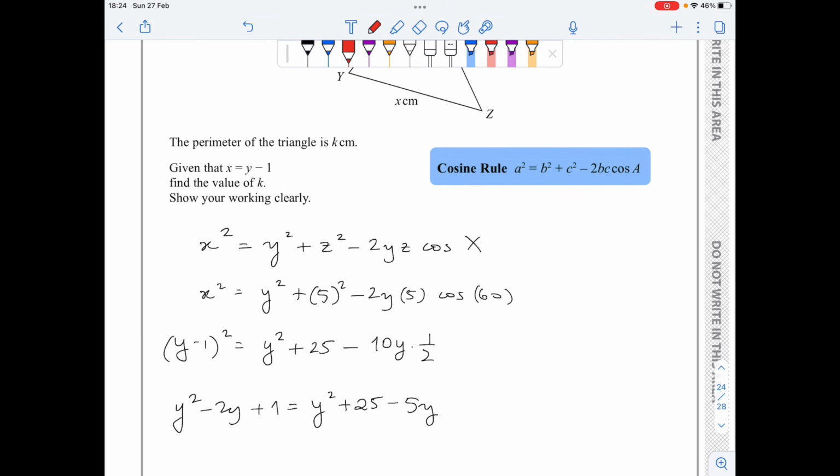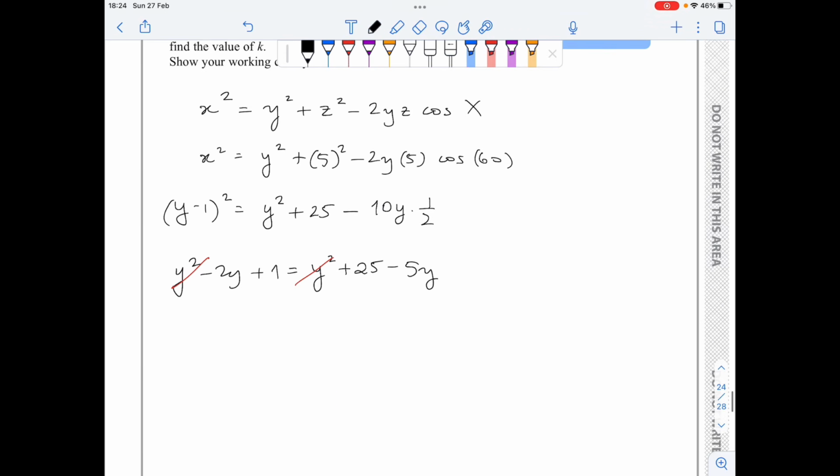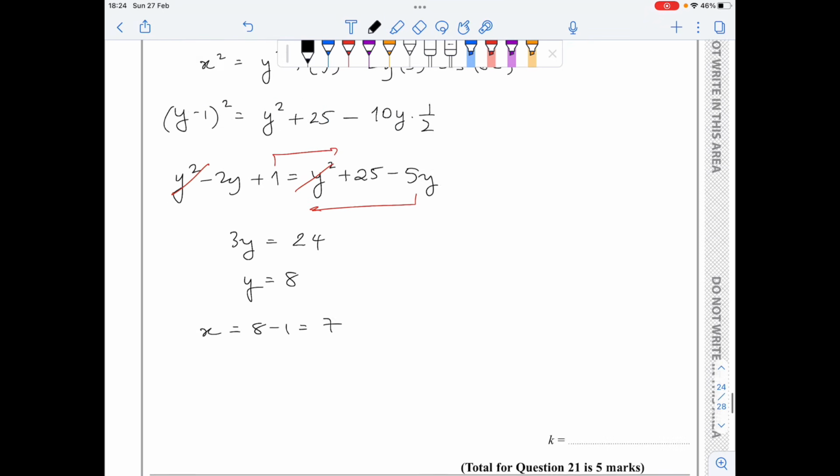Now the y squared and the y squared cancel out. So if I take the 5y to the left, the 1 to the right, I'm left with 3y equals 24. So y is equal to 8 and x equals 8 minus 1, which is 7.